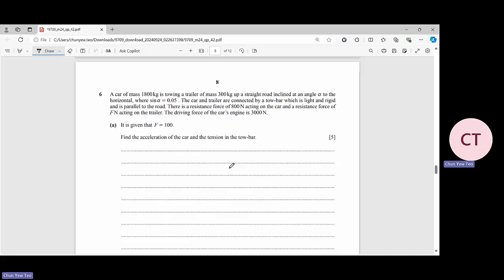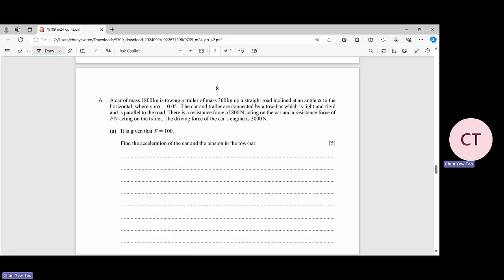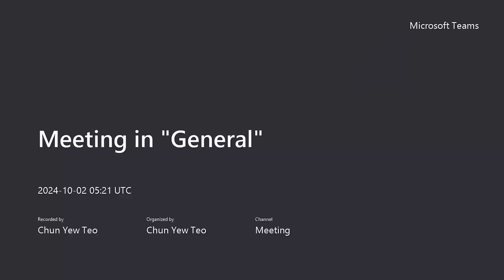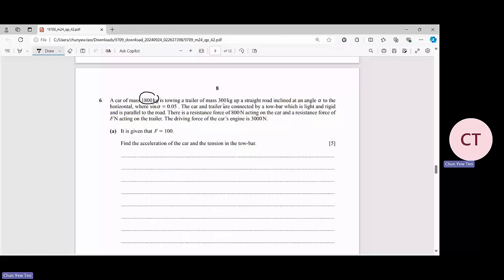Moving on, we have question number 6. Take a look at question number 6. A car of mass 1,800 kg is towing a trailer of 300 kg up a straight road incline at an angle alpha to the horizontal, where sine alpha is equal to 0.05.